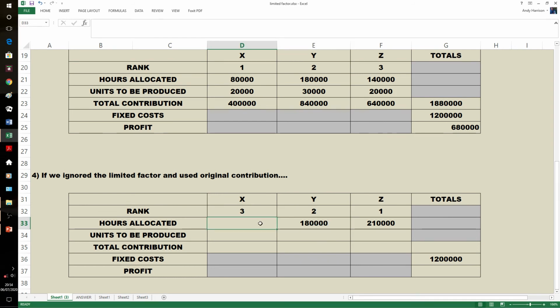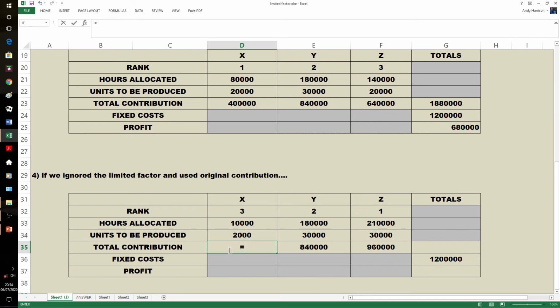But we can only spend 10,000 on product X, an eighth. So we can only make 2,000 instead of 20,000, but these ones are okay. In fact, that's fine, that doesn't change from the original table.